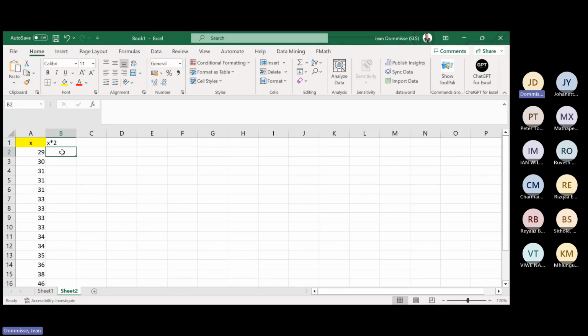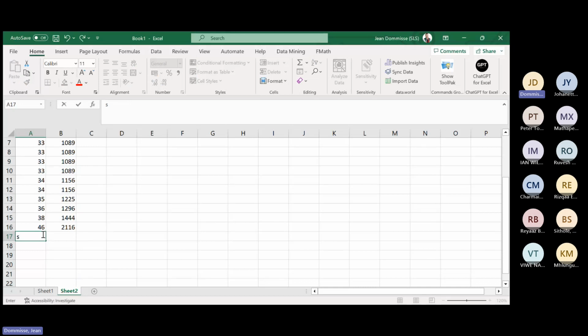Then it's easy to just say that is actually multiplied by itself. We're going to do it for all of them, and then we're just going to do a sum of it. If we do a sum of that, you can see here is the sum, so it gives you that sum total.